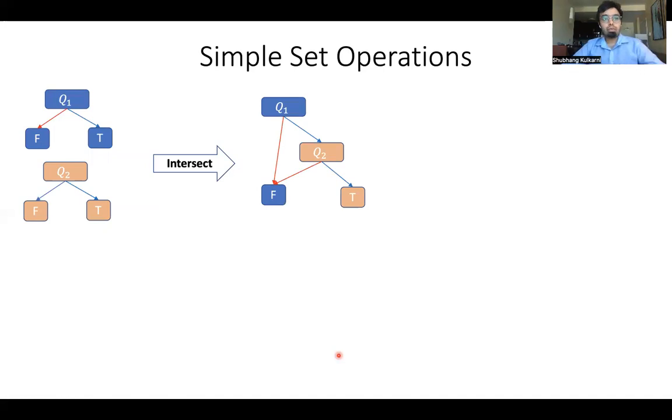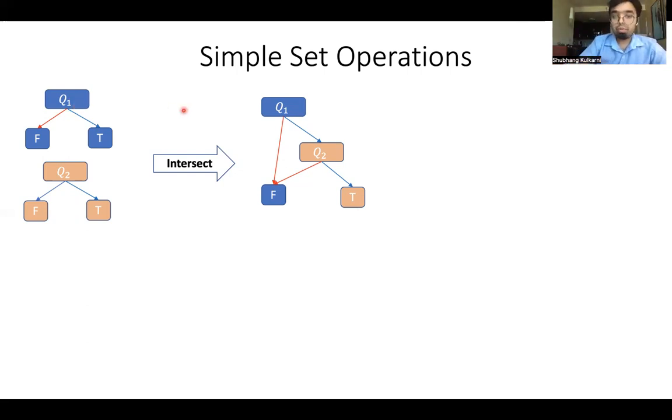So now we can come to some simple set operations that you can implement to be very fast using PBDDs. Let's consider a very simple operation, which is the intersect. If you have two polyhedral sets that are represented by these two PBDDs, Q1 and Q2, your output of this operation is the PBDD of the intersection of the two sets.